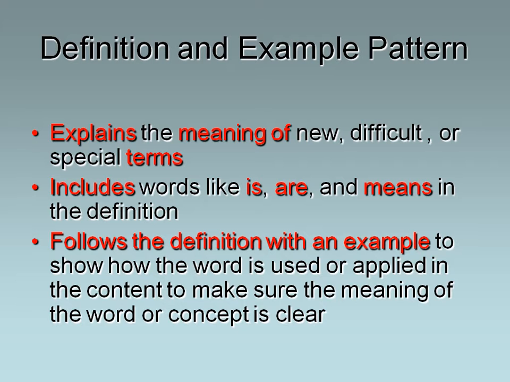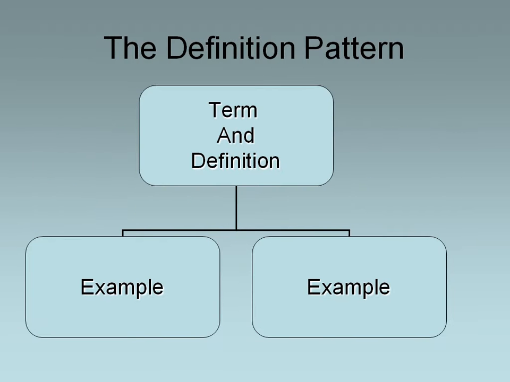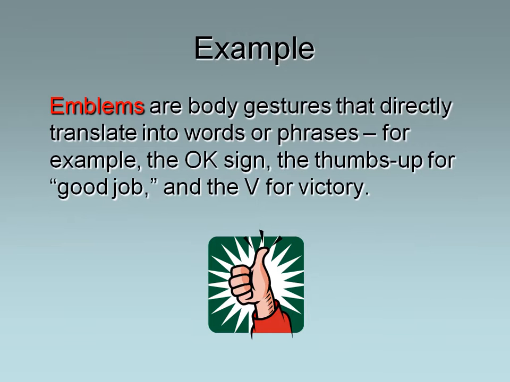The definition explains the meaning of new, difficult, or special terms. Definitions include words like is, are, and means. The examples follow a definition to show how the word is used or applied in the context. Read the sentence. In this sentence, the term emblem is defined first.